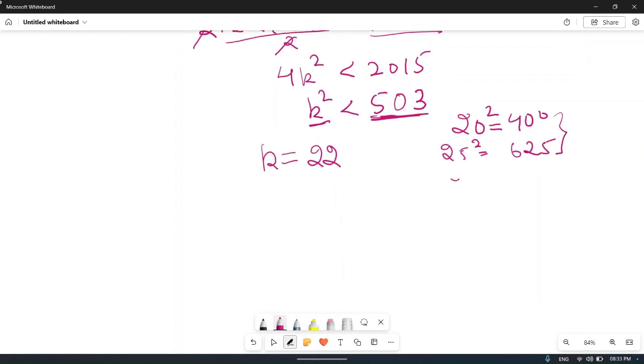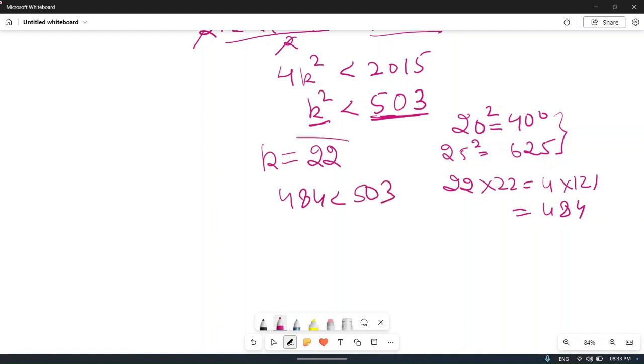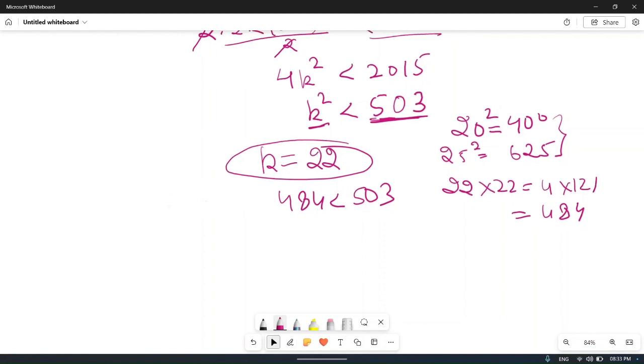So if I calculate 22 multiplied by 22, 4 into 121 is 484. Yes, 484 is less than 503, sorry. So I can start with k as 22.